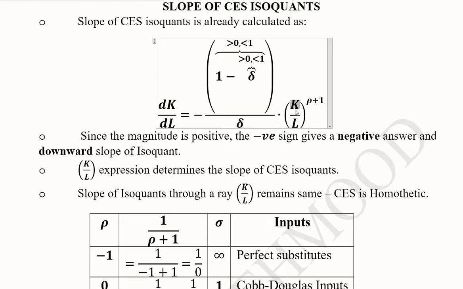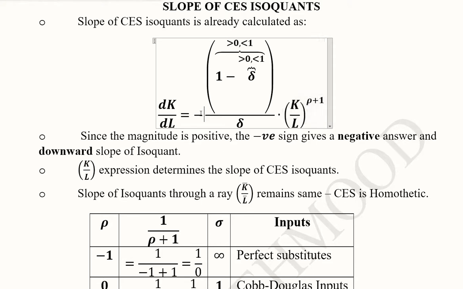Then we have capital and labor. Both of them are inputs that are non-negative, that is either 0 or positive. So there is a power, and again the power is there, that is rho plus 1, and when we solve this with this base, we are going to get some positive answer.